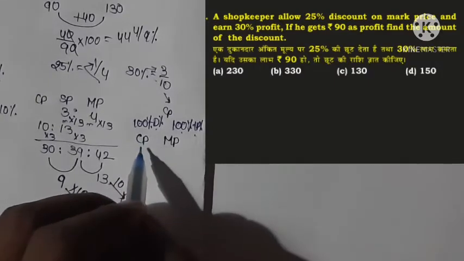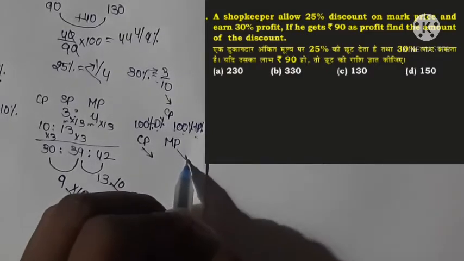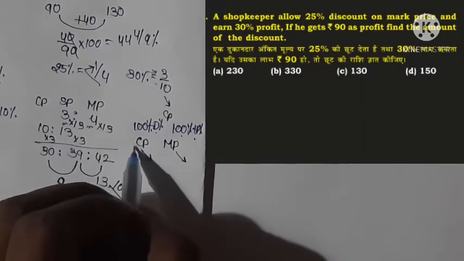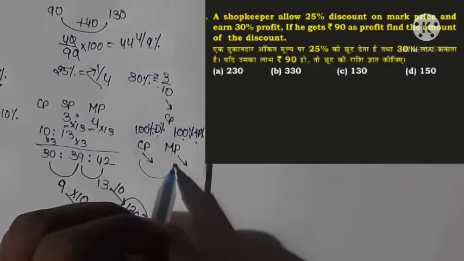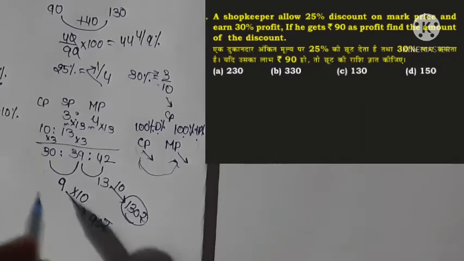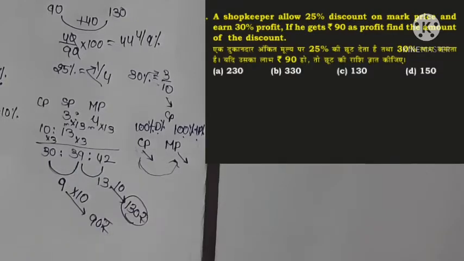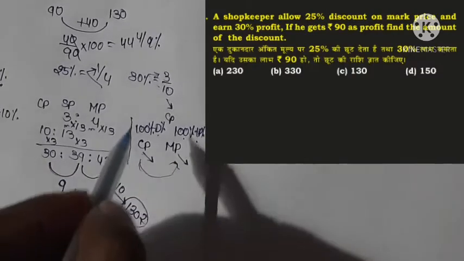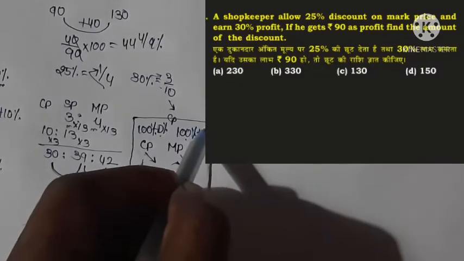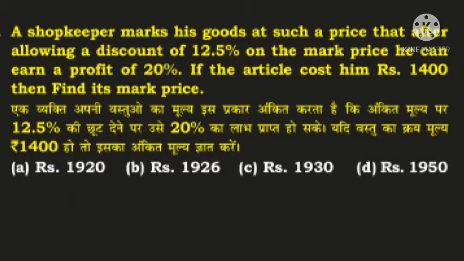We have to apply this formula whenever we calculate cost price or market price, or the relationship of market price and cost price. So in this problem they have given the profit as 90%, then asked to find the discount. So in this formula there is no relationship for profit and discount.